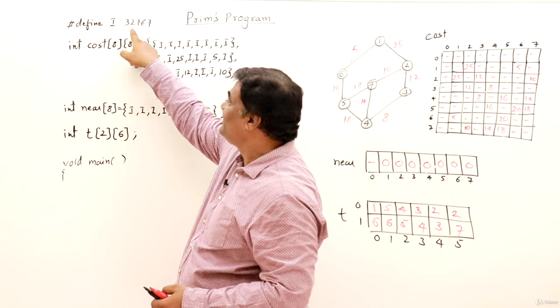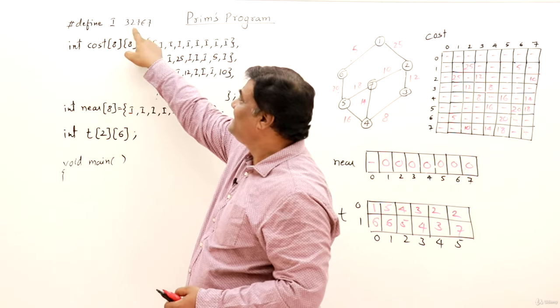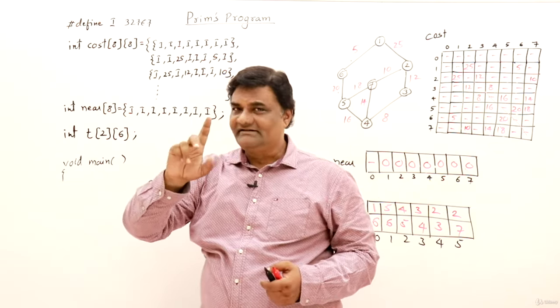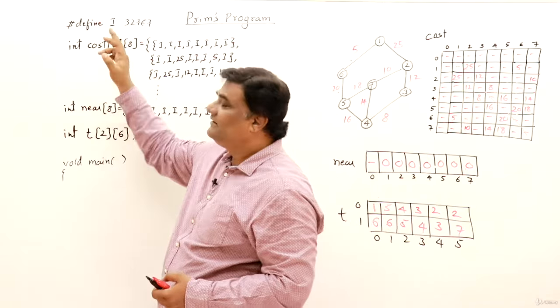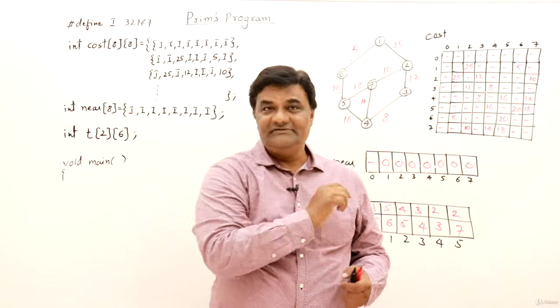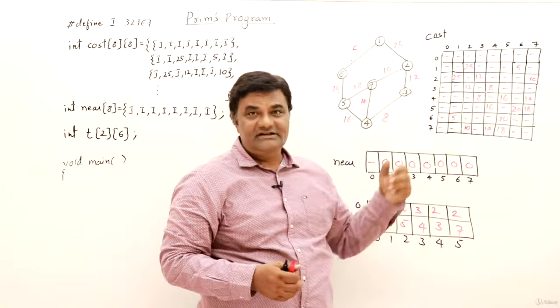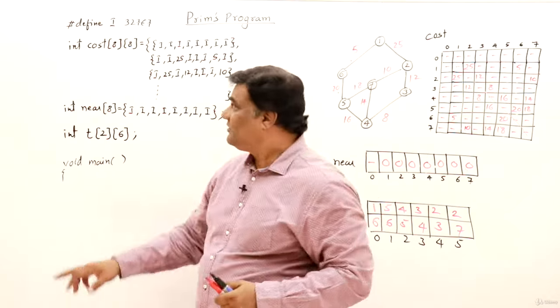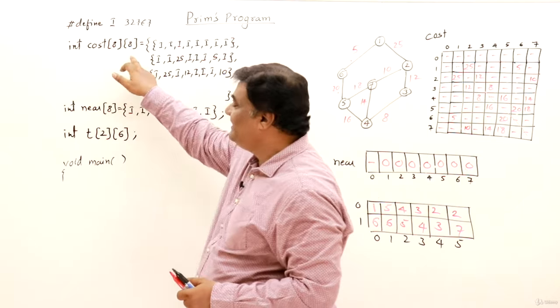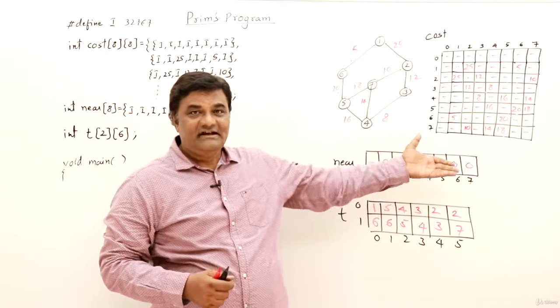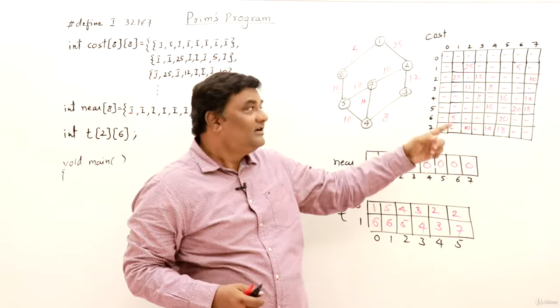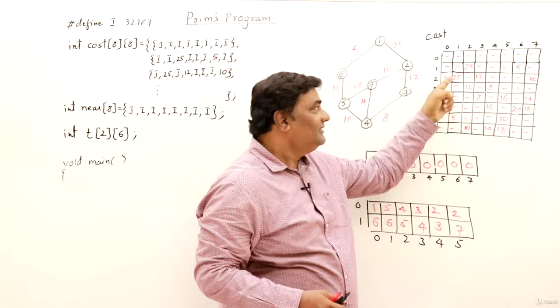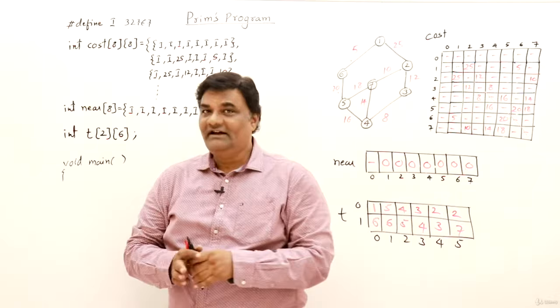Hash define I 32767. This is the maximum integer in 16-bit integer, and this is I, infinity, right? We need infinity. I said that at many places we are using infinity. Then I have a cost adjacency matrix of size 8 by 8 because there are 7 vertices. So I have initialized all those values directly.